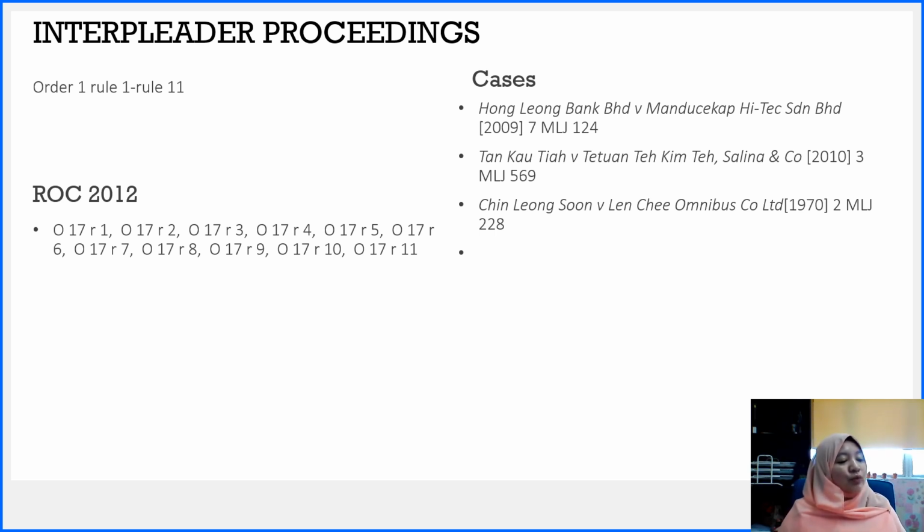A stakeholder interpleader is basically when two or more persons make a claim to a sum of money, or goods or chattel held by a person, and this person is unsure of who is the rightful owner. So he may then apply to the court under Order 17 of the Rules of Court for relief by way of interpleader.